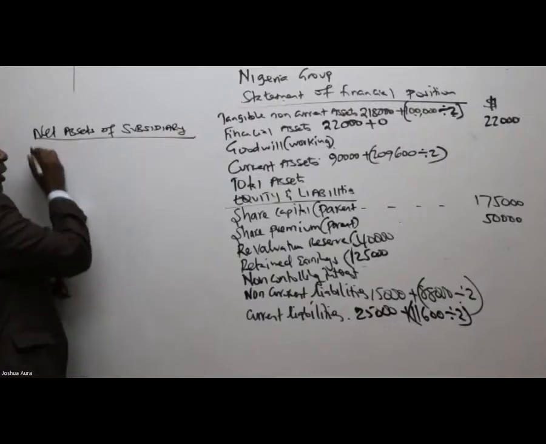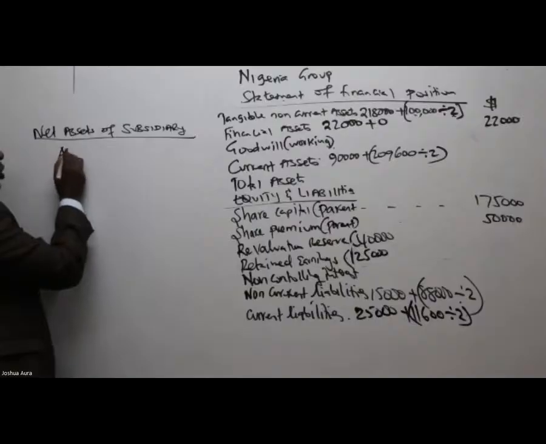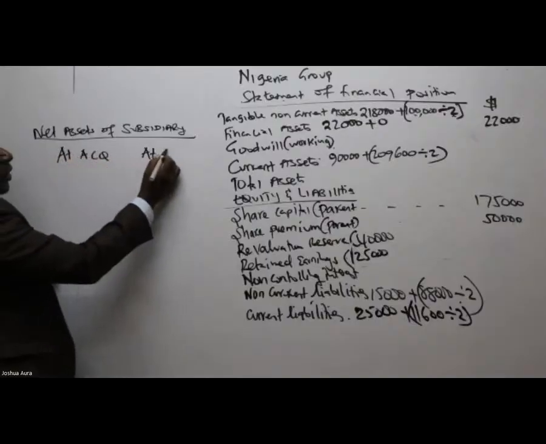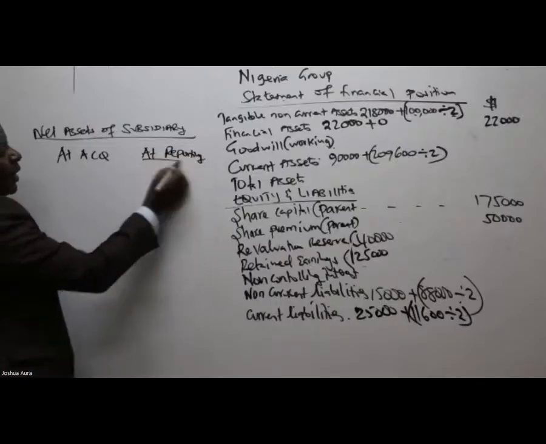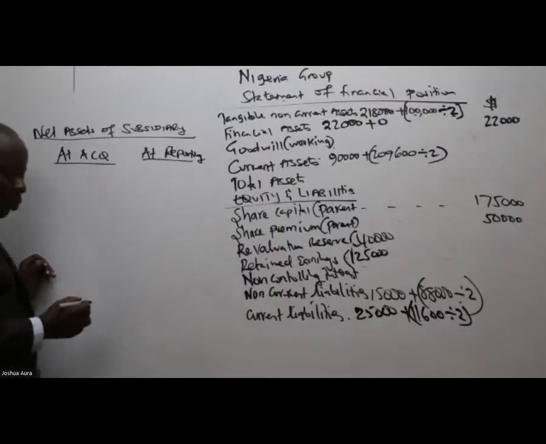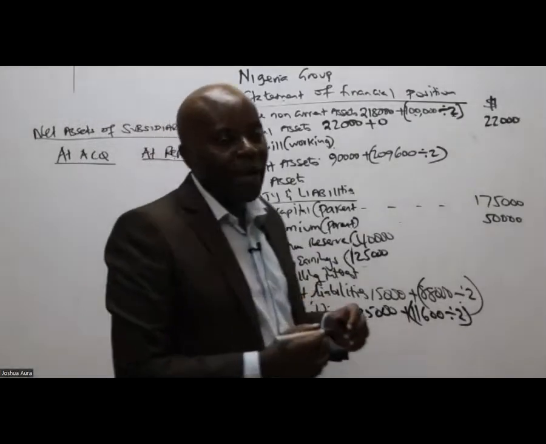Remember, net assets, we have to give net assets at acquisition and at reporting, 2 of them. At acquisition and at what year? At reporting. So could you be kind enough and give me examples of net assets? When they talk of net assets, what comes to your mind?